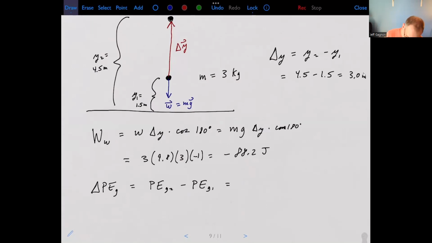Gravitational potential energy is simply mg times y, so this would be mg y2 minus mg y1.